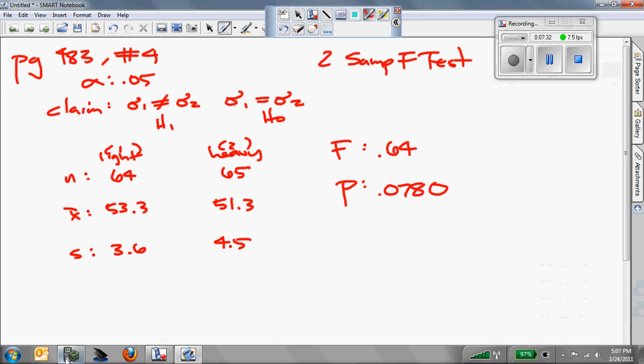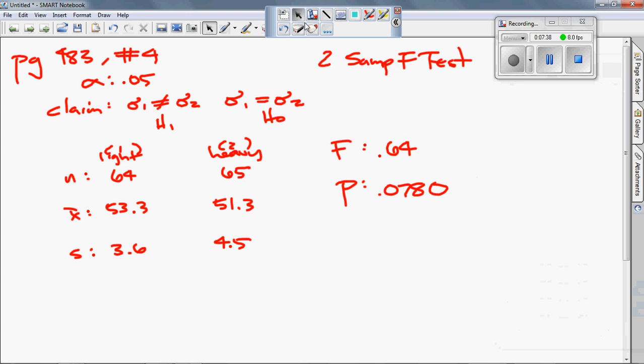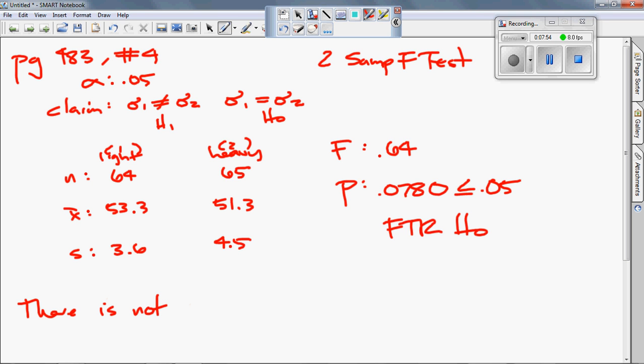Let me just check that. 0.0780, yes. Alright, so we want to compare our p-value to the significance level. Our p-value is not less than our significance level, therefore we fail to reject the null hypothesis. There is not sufficient evidence to support the claim.